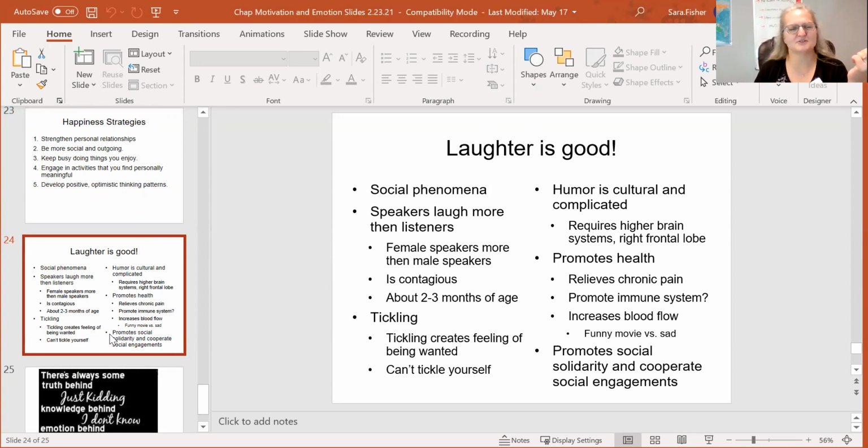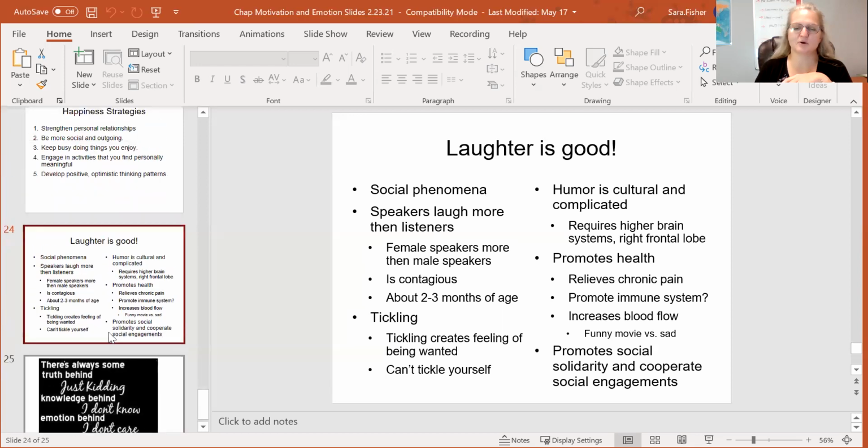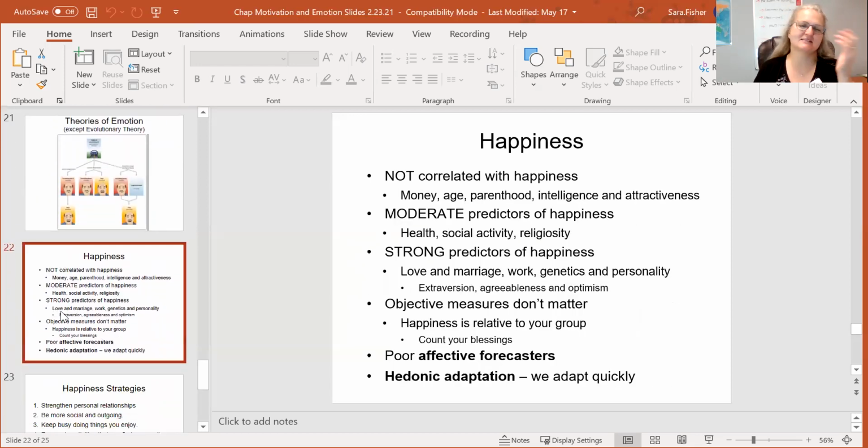And then I found this a few years ago too. It's the significance of laughter and how laughter is social, right? And that promotes socially engaging. And somewhere someone said that you can't tickle yourself, because tickling is kind of like this evolutionary leftover of the chase.